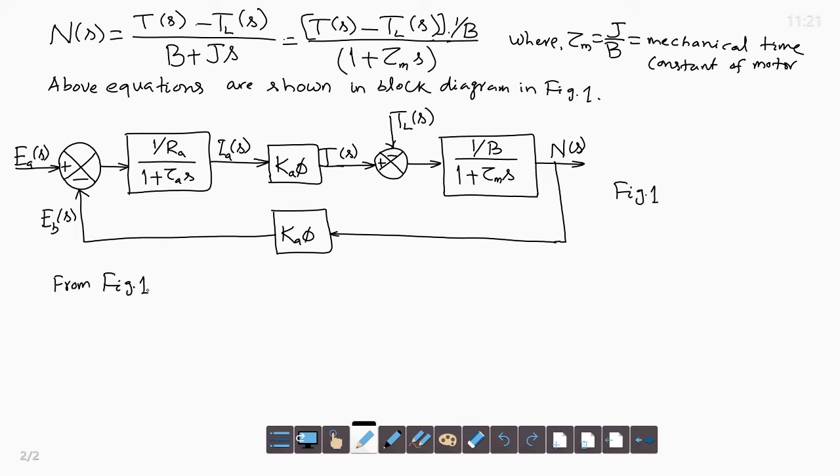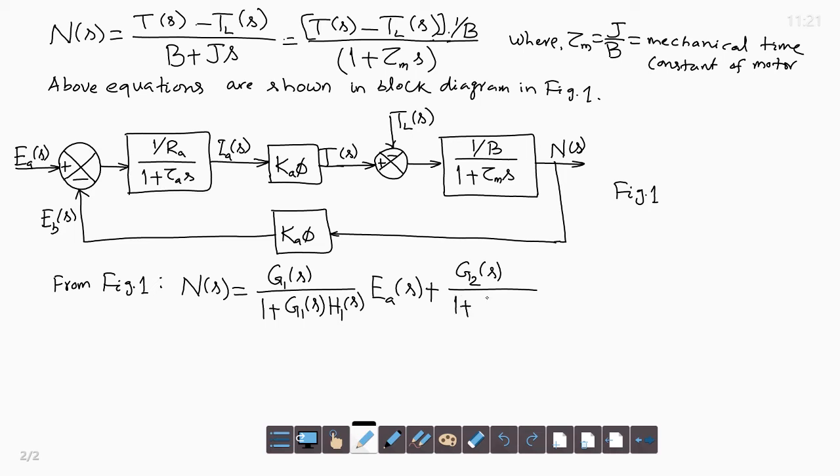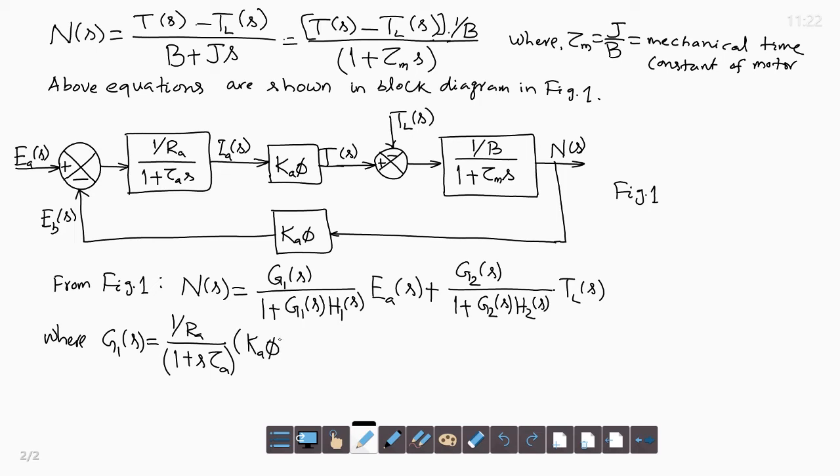From figure 1, the speed N(s) is G1(s) divided by 1 plus G1(s) H1(s), into applied voltage EA(s), plus G2(s) divided by 1 plus G2(s) H2(s), into TL(s), where G1(s) is 1 by RA divided by 1 plus s tau A, into Ka phi, into 1 by B divided by 1 plus s tau M. H1(s) is K1 Ka phi.